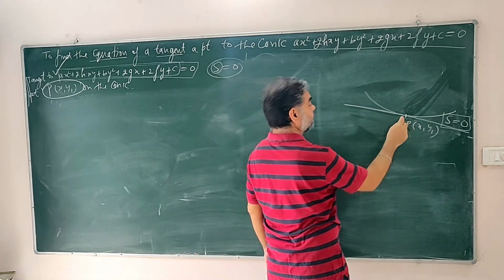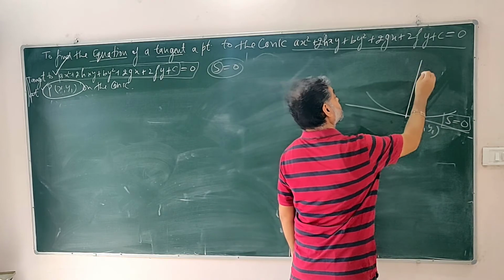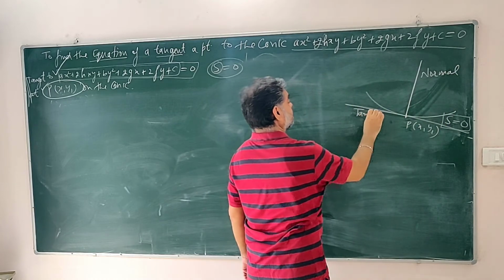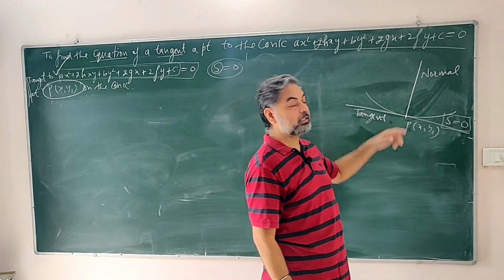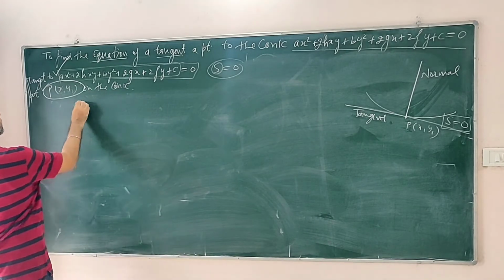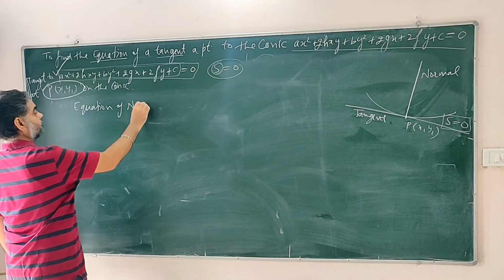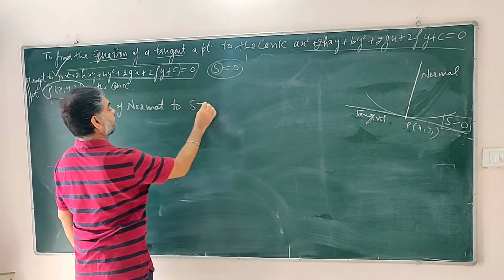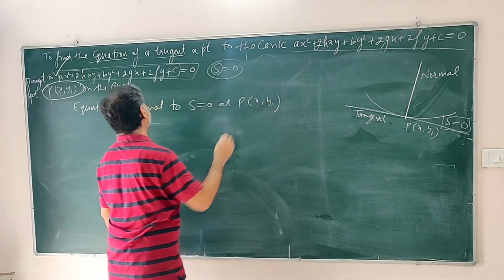A normal at a point P is a line which is perpendicular to the tangent and passing through the point P. This is called the normal. So the equation of the normal to the conic S equal to 0 at the point x1, y1.